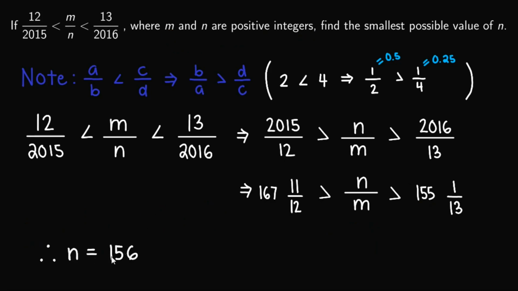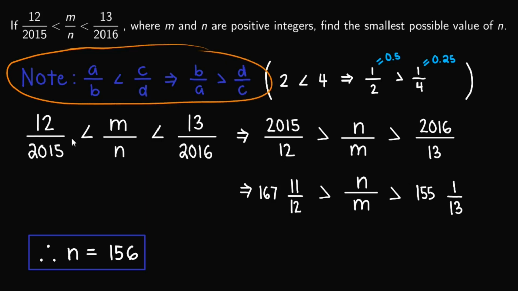And this satisfies the inequality since 156 is between 155 and 167 out here. So therefore, this is our final answer, and we have found the smallest possible value for n. Did you get that one correctly? I hope you did. The key again is this part out here.